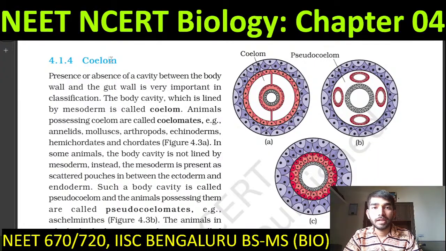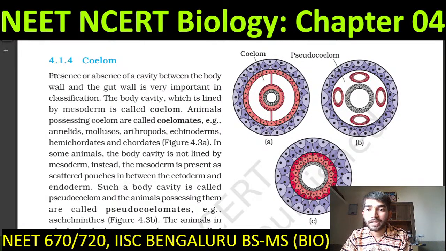This is not something that we considered for the plants. Plants had a different basis, whether they produce seed or not, whether they have vascular bundles or not. But here we have a more complex group of organisms, so we are having a much more fine-grained parameter to classify them in a better way.